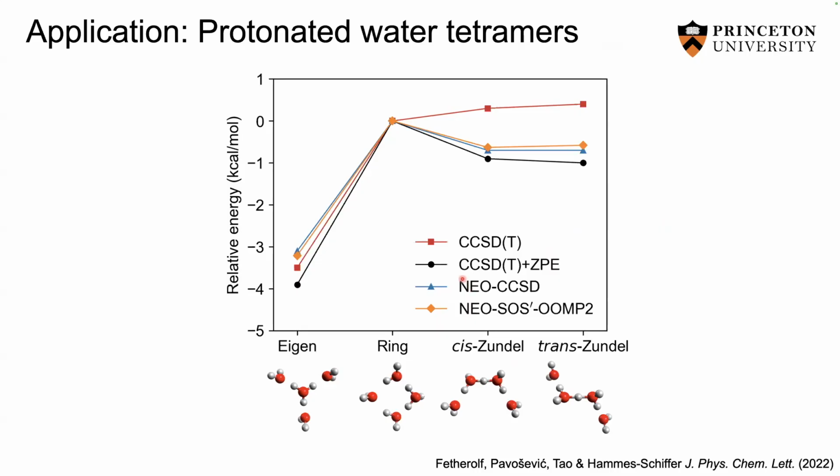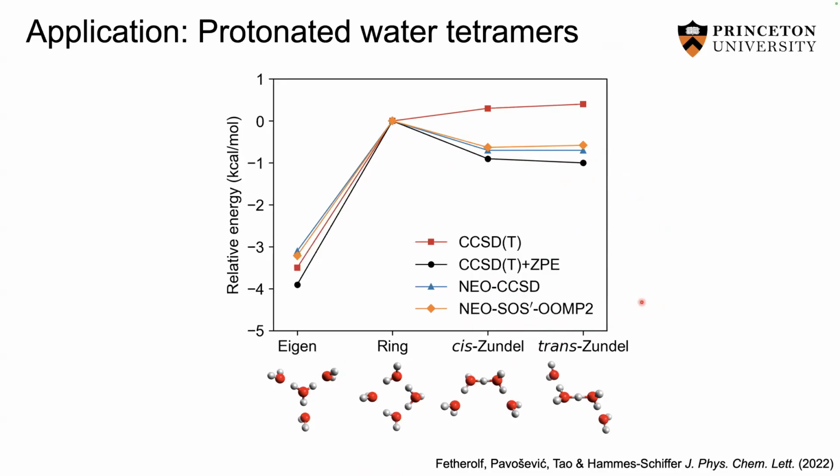And with NEO-coupled cluster with singles and doubles, we capture the correct trend in the presence of the 0 point energy correction. And when we do NEO SOS prime OOMP2 with this scaled opposite spin and electron proton correlation correction, we get almost exact agreement with the NEO CCSD answer. And so we capture the correct trend in the relative energy of these tetramers using a much lower scaling method.